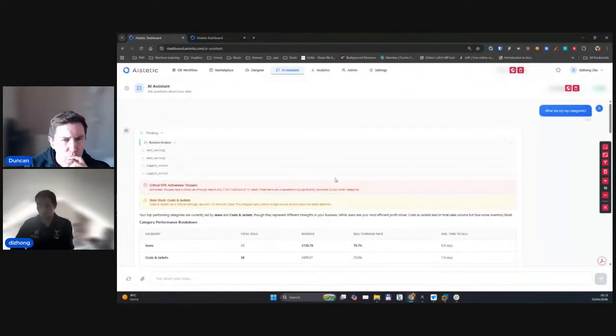You can ask any questions about your data. I know different customers have different requirements, so that's why we track all the data and performance, and then you can make a query on the data.